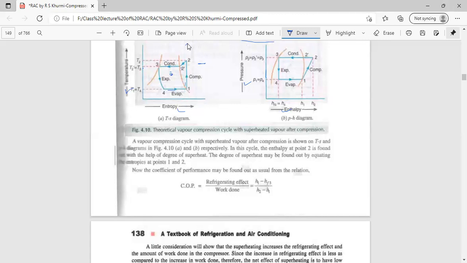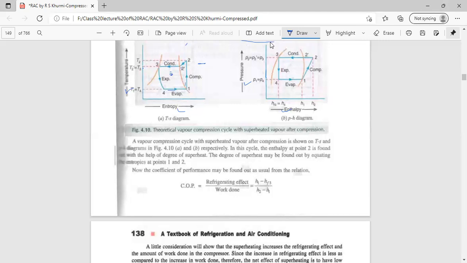So here the coefficient of performance is found in the same manner. The refrigerating effect is H1 minus H4, which is equal to H1 minus Hf3, divided by the work done, H2 minus H1. Here the evaporating effect is more because this line 4 to 1 is bigger in length.